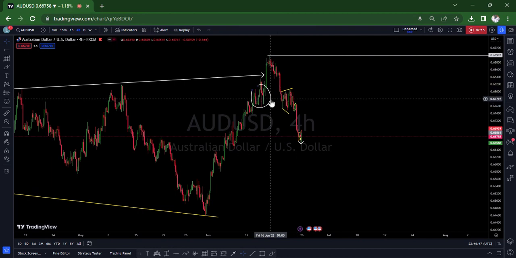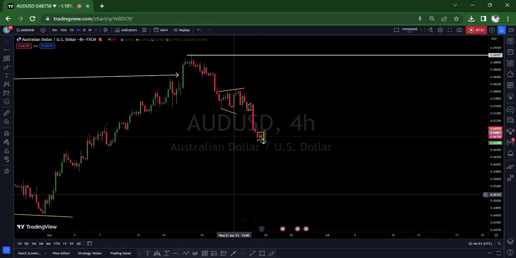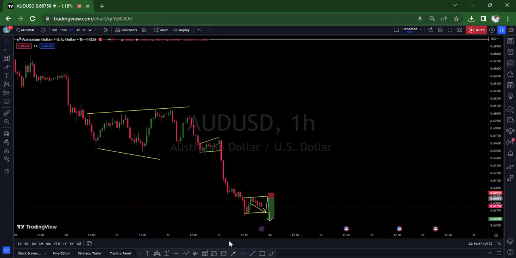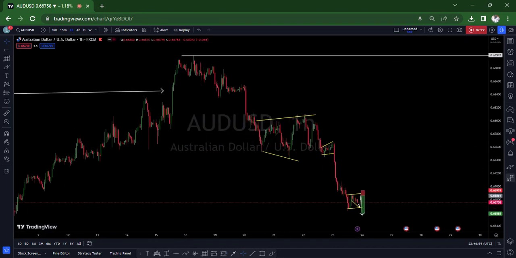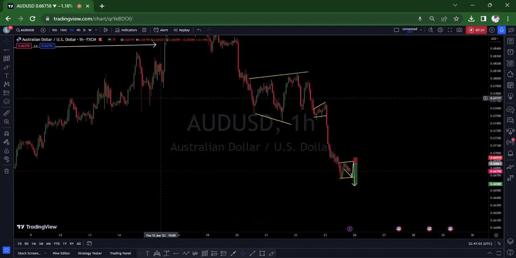In the past days it has been trending to the downside. We have been seeing a lot of strong bearish impulses on AUD USD, and I feel it's still going to continue with this trend.